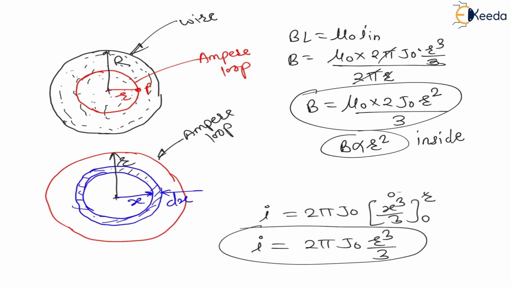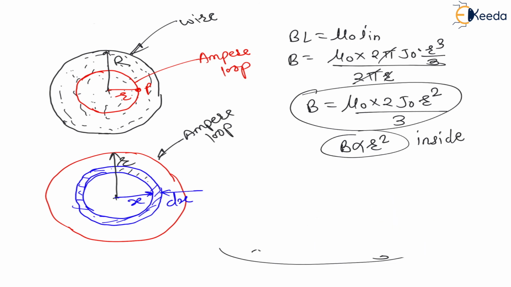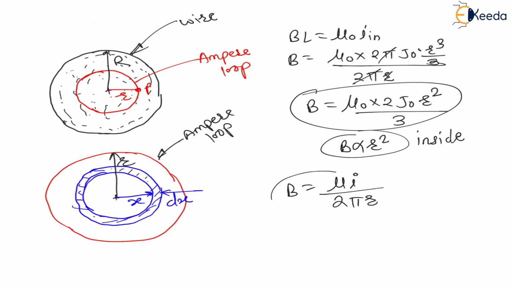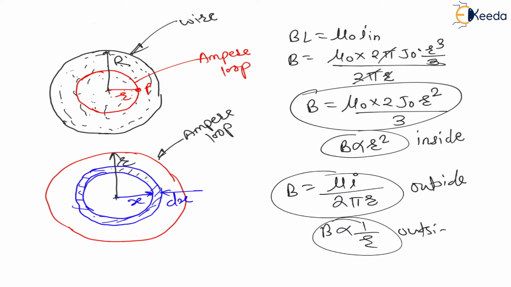But for outside, as we have always seen, if I consider any loop, B will always become mu naught I divided by 2 pi r. It is for outside. If the point is outside the cylinder, B will be inversely proportional to r. If it is inside the cylinder, the formula is written here, right?